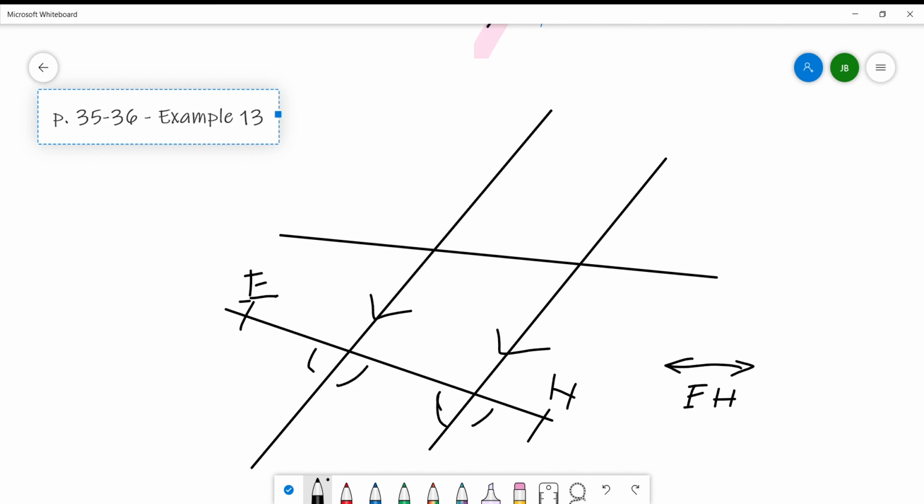Those names are HGZ right here and GFY right here, and so on and so forth. Hopefully you got correct answers, because it doesn't give me every single possible answer. I could just keep going. All right, this one corresponds to this one, and this one corresponds to this one. Those are the possible pairs you could have done.